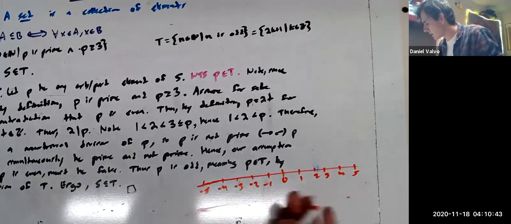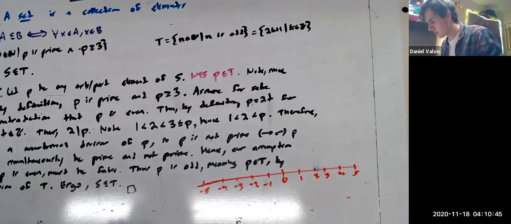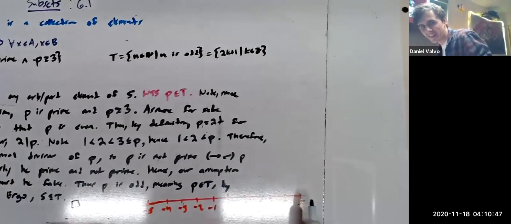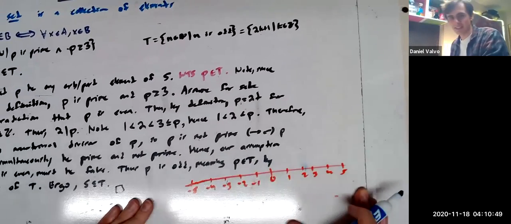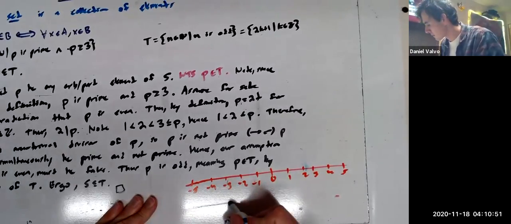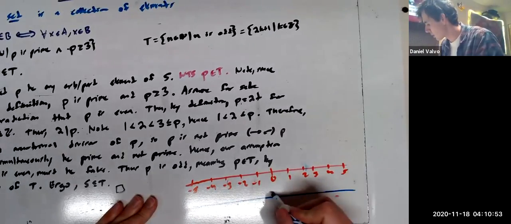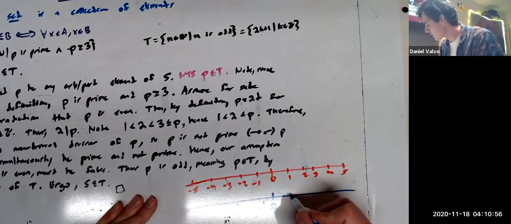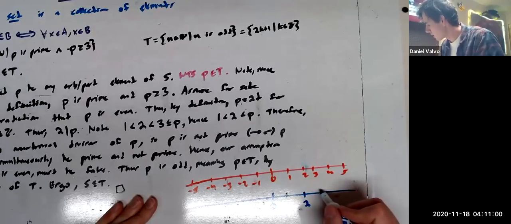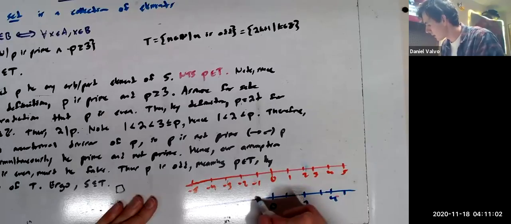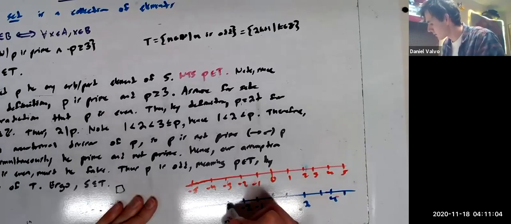But if you look at the even numbers, you have 0, you don't have 1, you have 2, you don't have 3, you have 4, you don't have 5, you don't have -1, but you have -2, you don't have -3, you have -4.